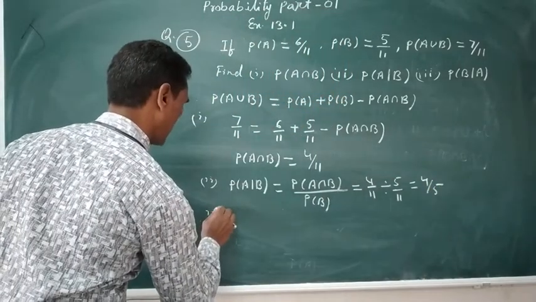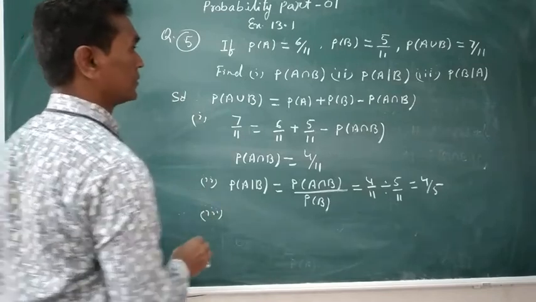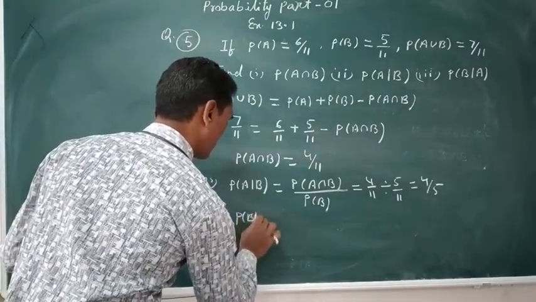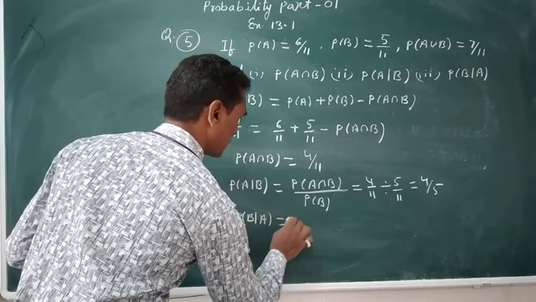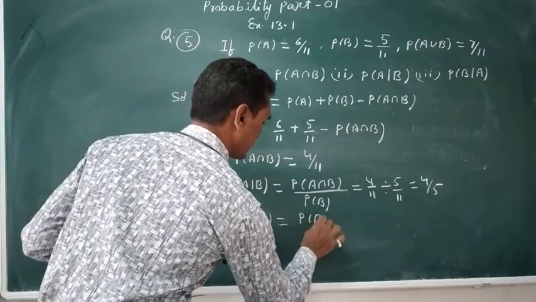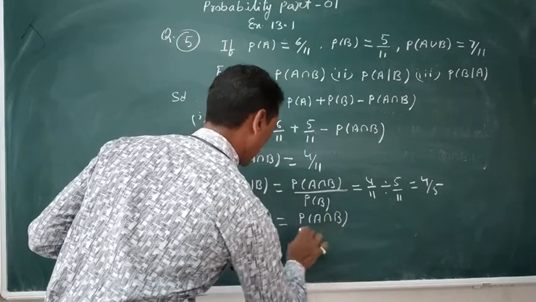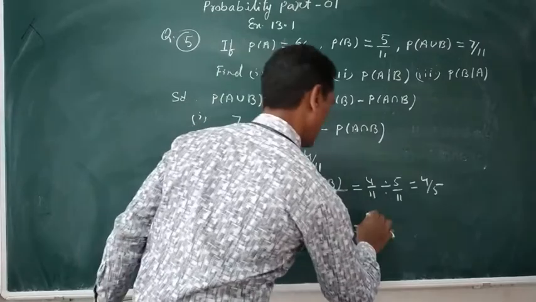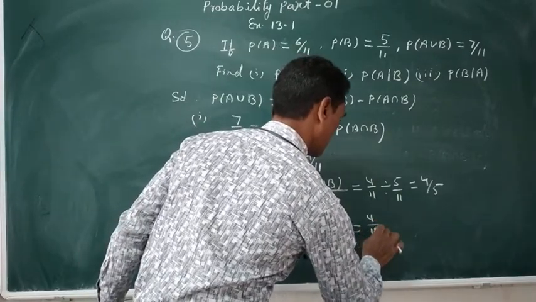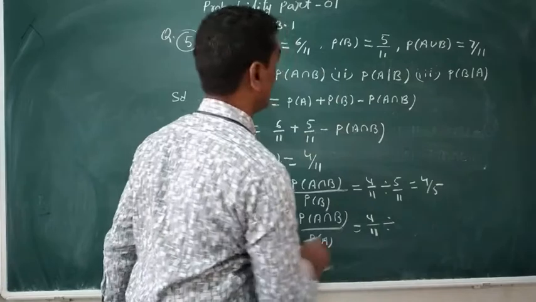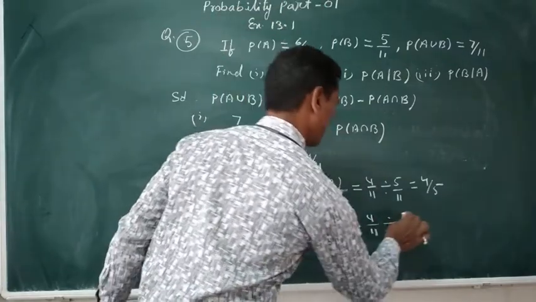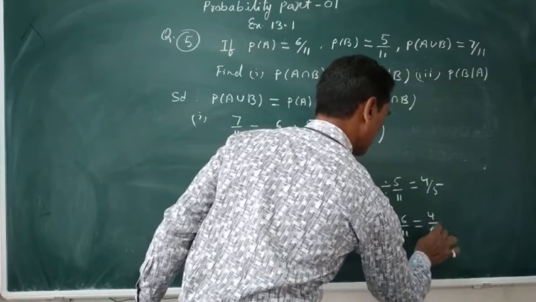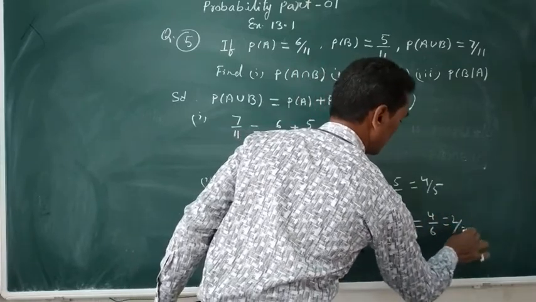Now the third part is B given A. Again, probability of A intersection B divided by probability of A. So A intersection B divided by P(A), which is 6 by 11, so this is equal to 4 by 6, which is equal to 2 by 3.